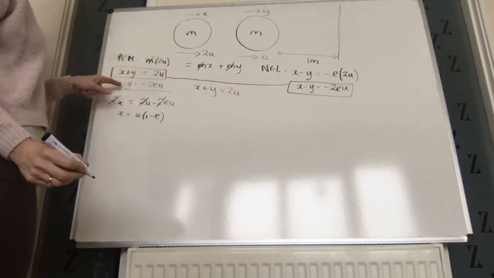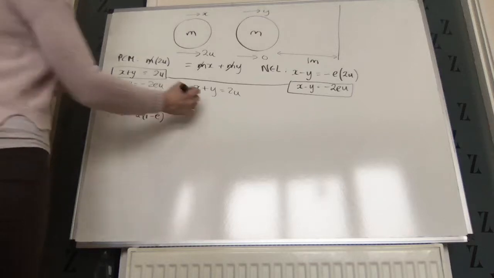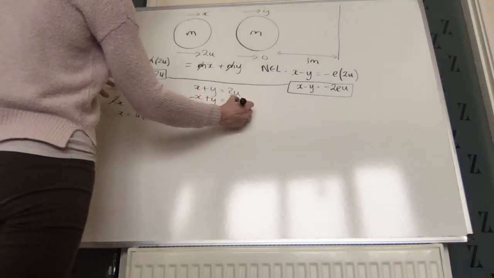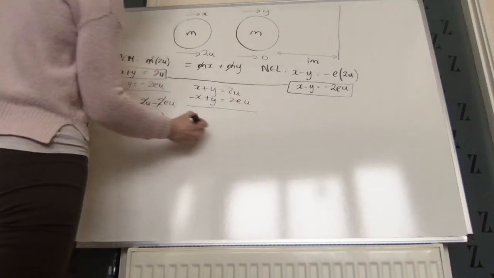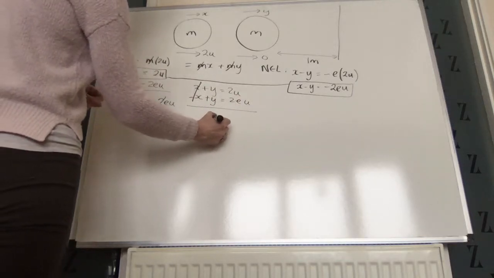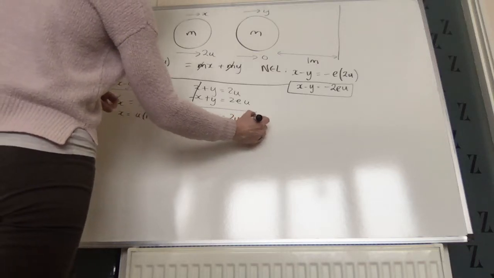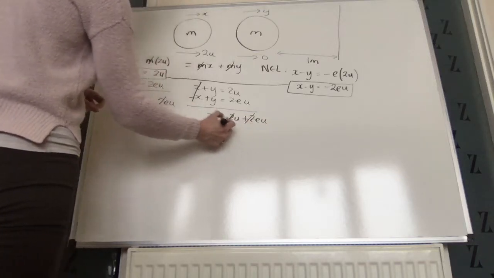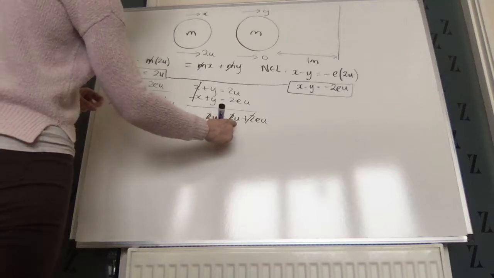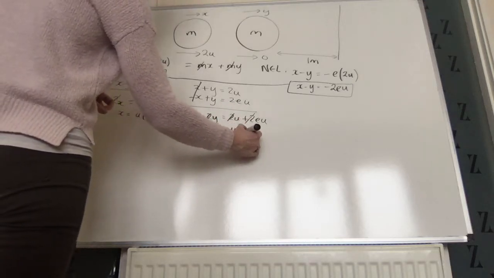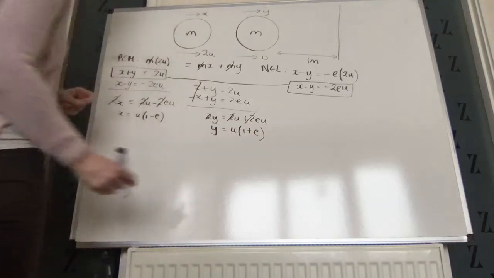To cancel out our x's, multiply the other equation by minus 1, so we get minus x plus y is equal to 2eu. Add together: 2y is equal to 2u plus 2eu. Again, we can divide by 2. y is equal to u plus eu, so y is equal to u times 1 plus e.